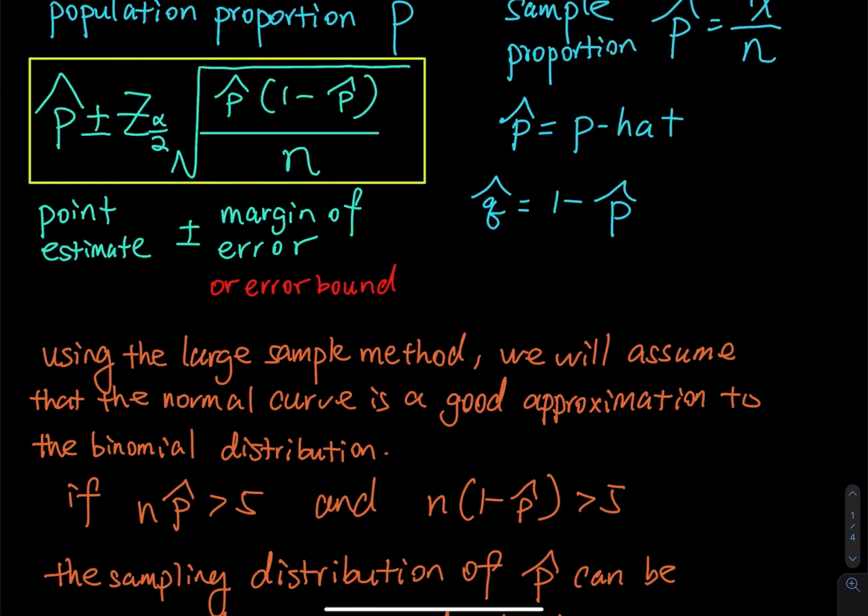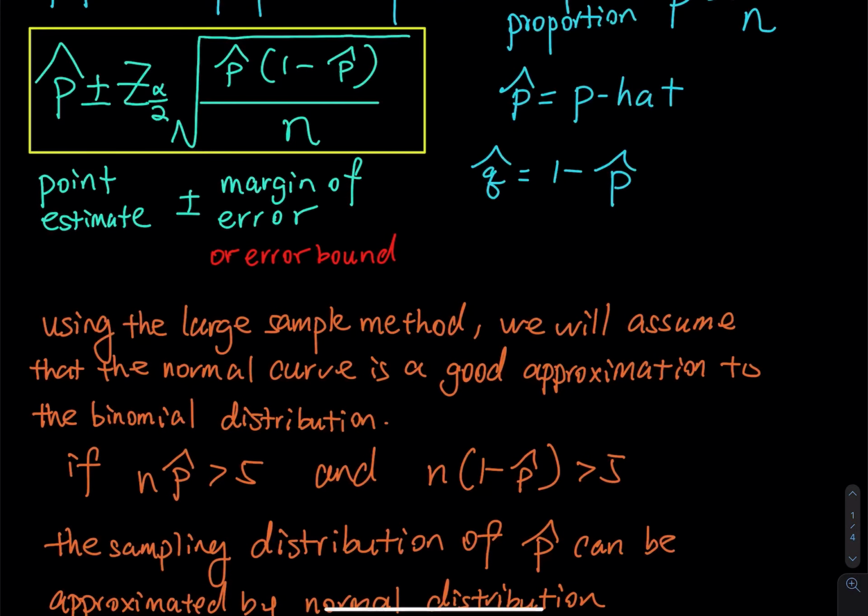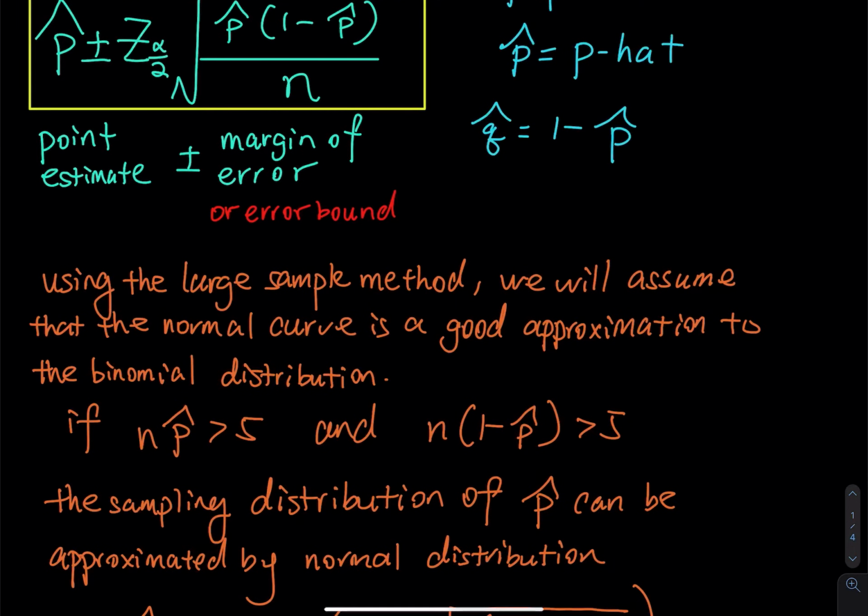If these two conditions are met, the sample size times the sample proportion is greater than 5, and the sample size times 1 minus P hat is greater than 5, then the sampling distribution of P hat can be approximated by normal distribution. That means the sample size must be large enough.